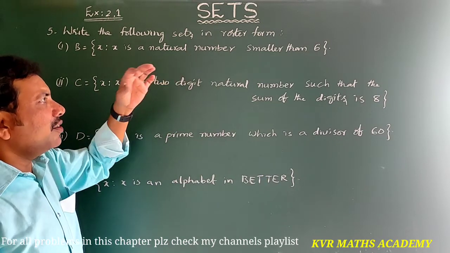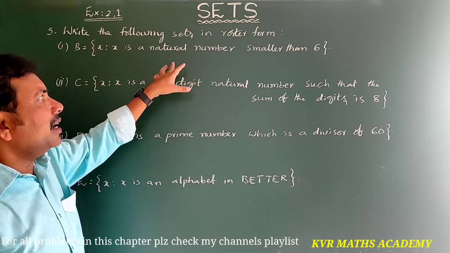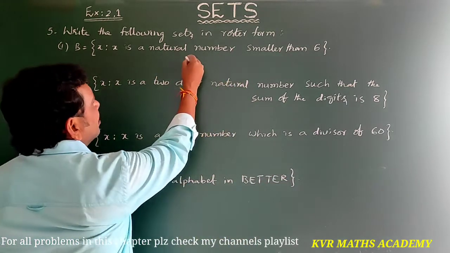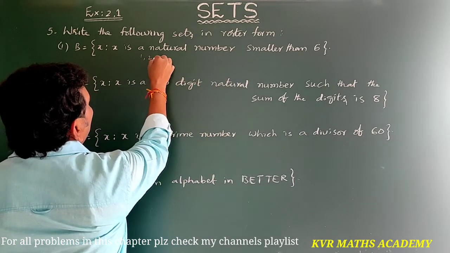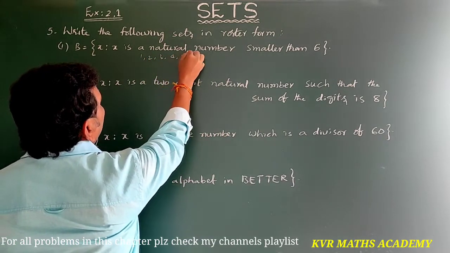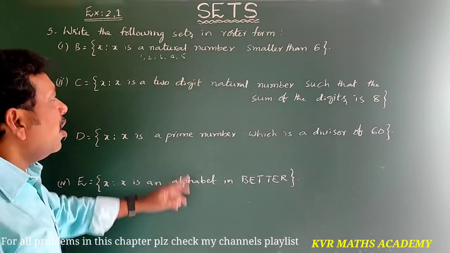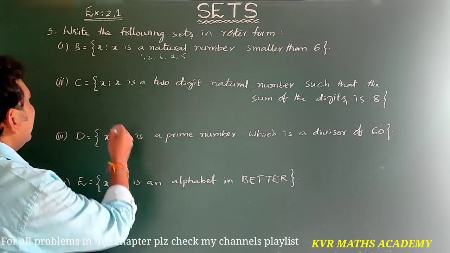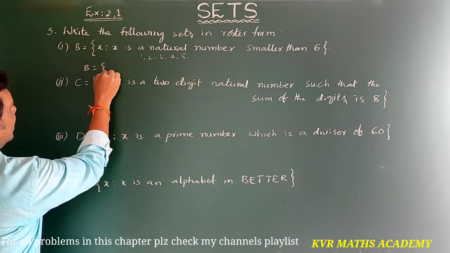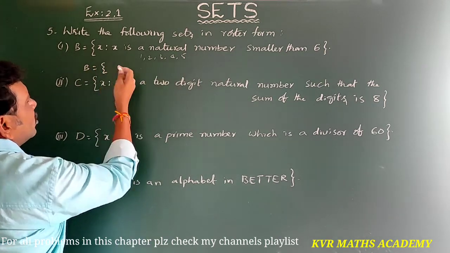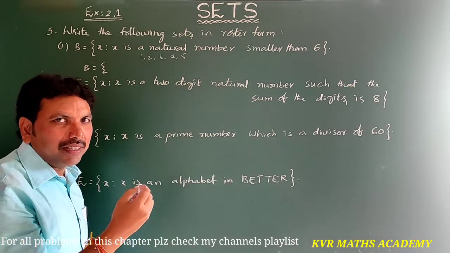So first what we have to do? What are the elements in this set? The natural numbers less than 6 means? Yes, 1, 2, 3, 4, 5. Not 6, 1, 2, 3, 4, 5 only. So how can you write in roster form? B is equal to the set of, write all the elements separated by commas, right?